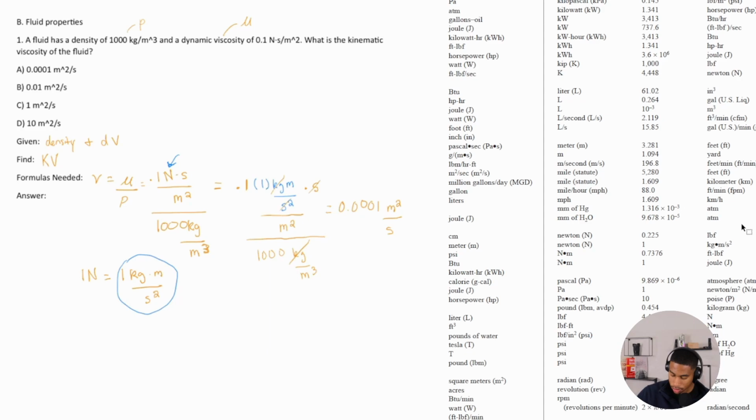This unit just cancels to a s, right? And then we're left with this meters cubed is going to be multiplied by meters, so it's going to be meters to the 4th over meters squared. It's going to give us our meters squared over a second. So that's how our units are going to cancel. So we are left with A.